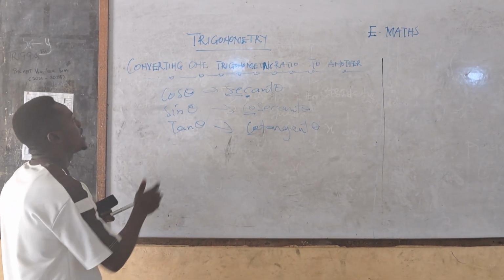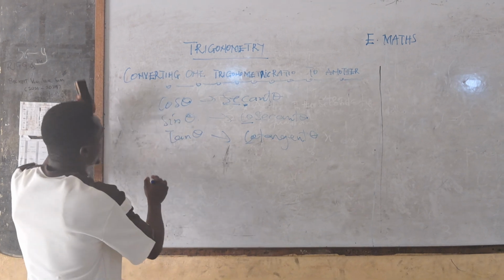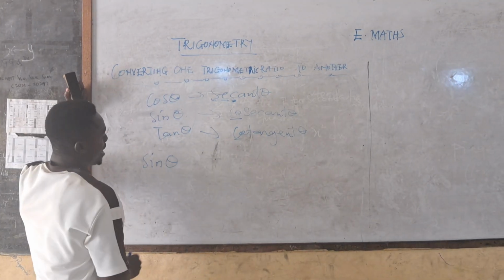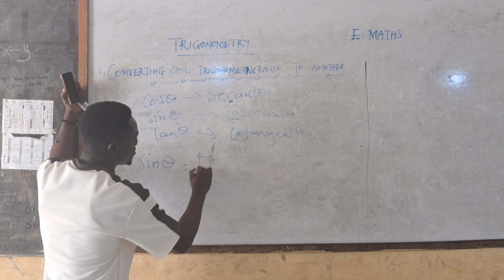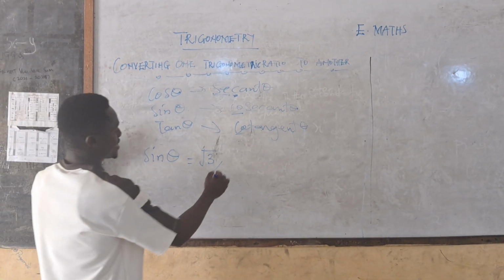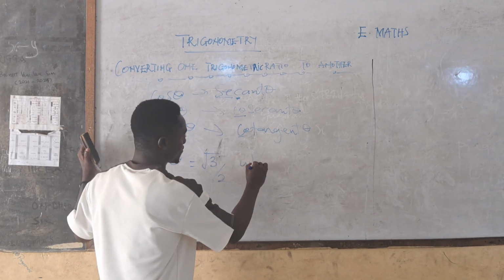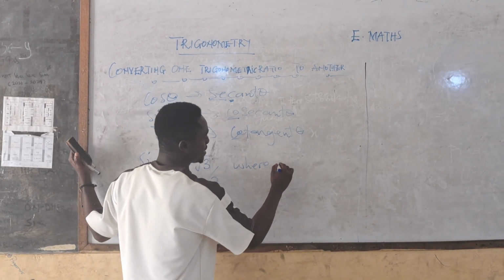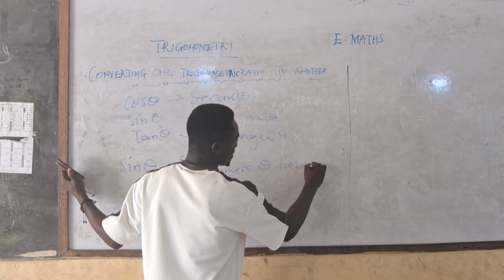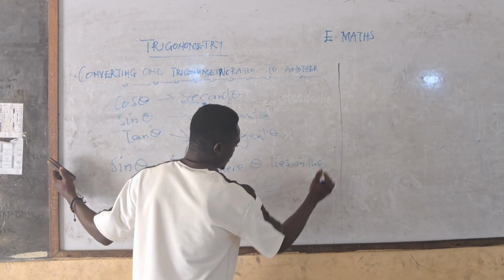Now let's start. Assuming we have sine theta equal to √3 on 2, where theta lies in the second quadrant.